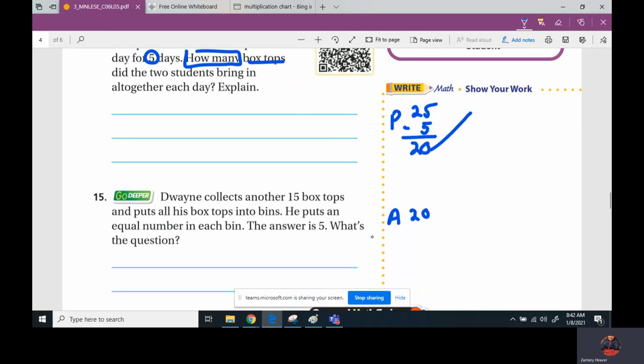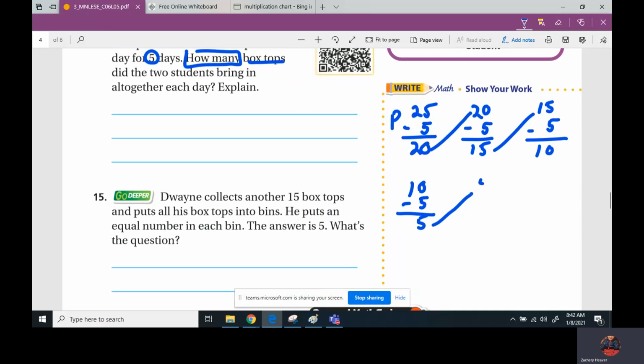Remember, we got to get it to 0. 20 minus 5 is 15. Go up. 15 minus 5 is 10. And then bring this 10 down here. 10 minus 5 is 5. And 5 minus 5 is 0.